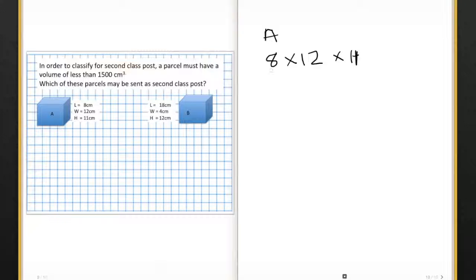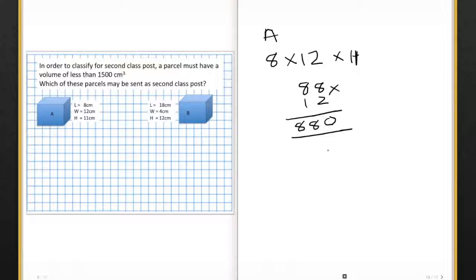So I know that 8 times 11 is 88, so let's do 88 times 12. Long multiplication, 0 down, and then 88 because we're timesing by 1. Then we times by 2.